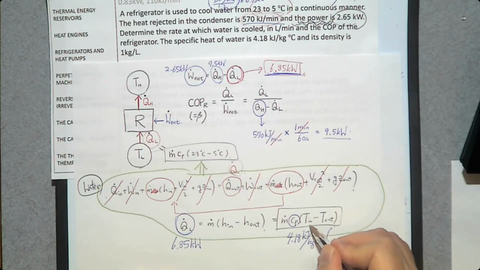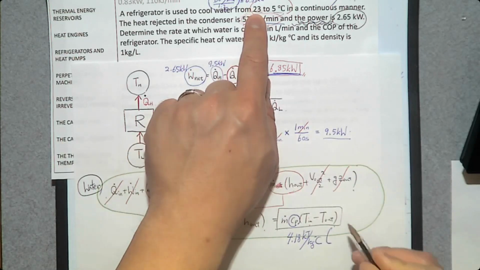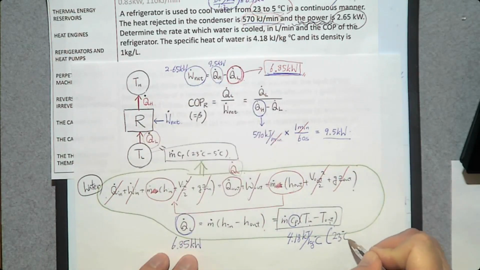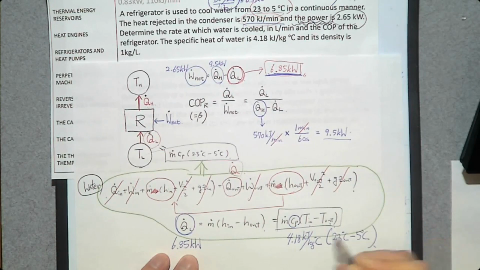What is the temperature at the inlet? 23. Temperature at the exit? 5. So (23 degrees Celsius minus 5 degrees Celsius) times m dot is 6.85.